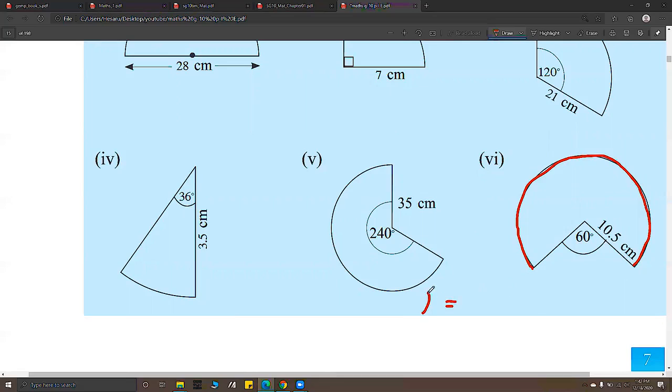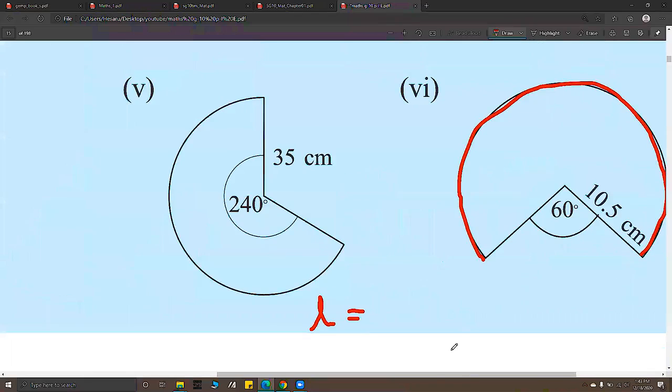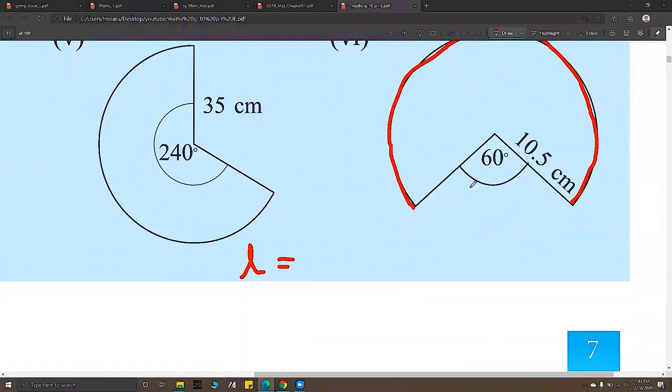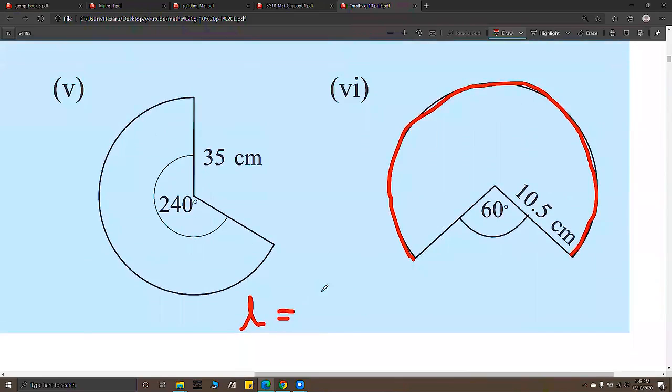Arc length, let's take it as L. For the total circle, we write 2πr. Now we have to put the proportion of the circle section. It's the angle over 360. What's the angle? Is it 60 degrees?